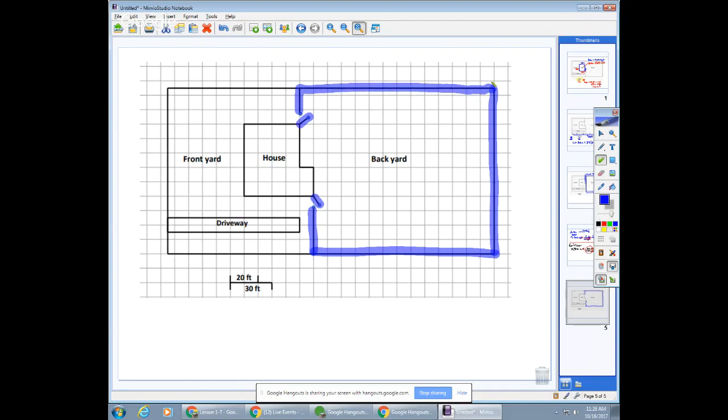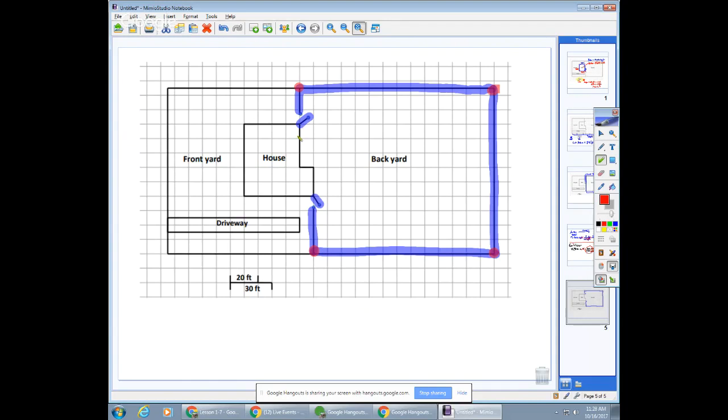And then I'm going to need corner posts, right? Where are the corner posts going to go? Let's use red dots for that. Well, there's a corner here, and there's a corner here, there's a corner here, and there's a corner here. Now, we're not going to attach gates to the house. So the question is, is this going to be an inline post right here, or is it a corner post?